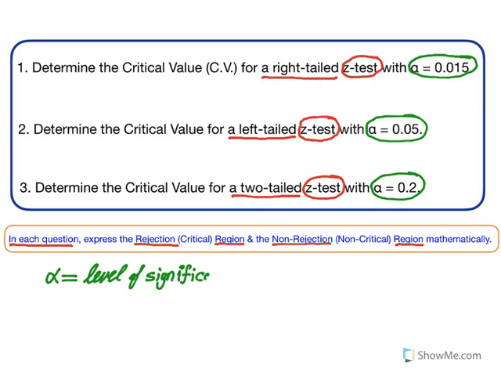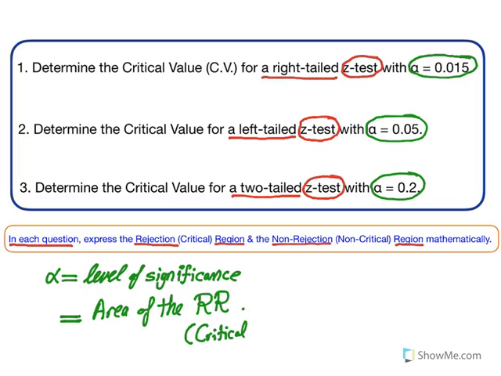And it is at the same time, and this is the important thing that I will write now, the area of the critical region or the rejection region. So you can write RR to mean rejection region, or we can also say critical region. So the area of the critical region or the rejection region is alpha.